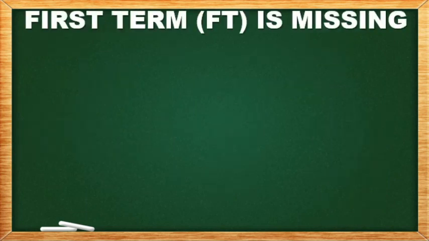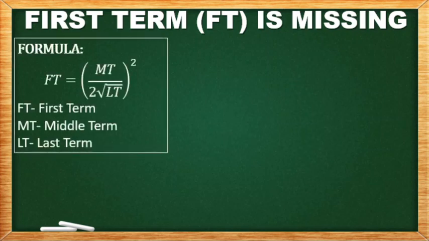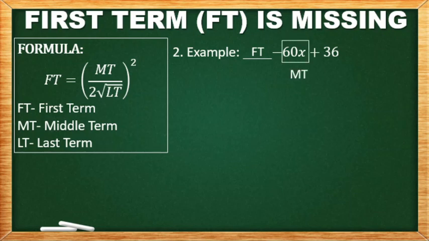Another example. If the first term is missing, same given formula. Example number 2, blank minus 60x plus 36. First term is missing. The given middle term is 60x, and the given last term is 36.